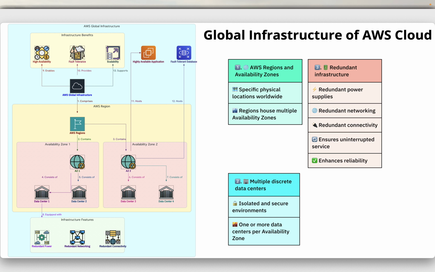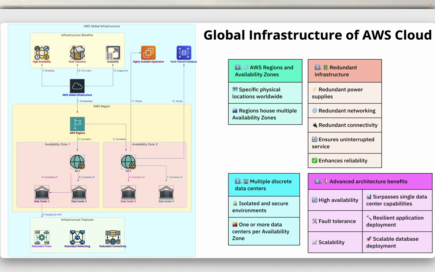These data centers are equipped with redundant power supplies, networking, and connectivity to ensure uninterrupted service and reliability. The architecture of having multiple availability zones allows for the deployment of highly available, fault-tolerant, and scalable applications and databases, surpassing the capabilities of a single data center setup.